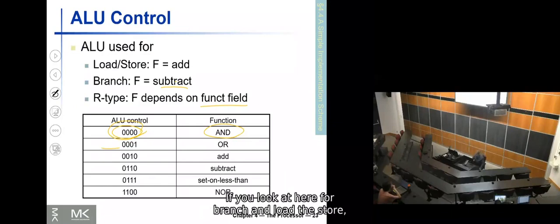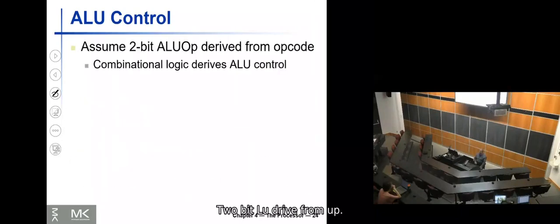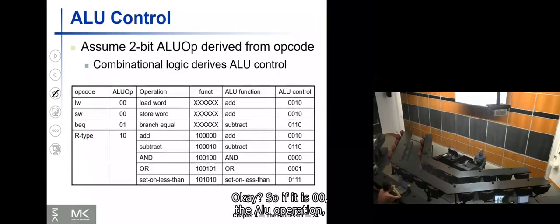For branch and load/store, we only have add and subtract. So add and subtract will generate the least significant bits for ALU control. So these 2 bits come from the opcode.